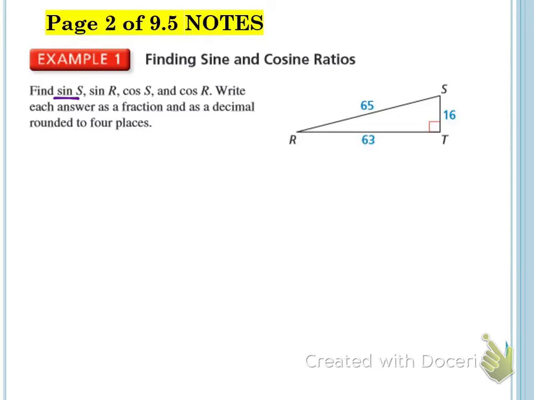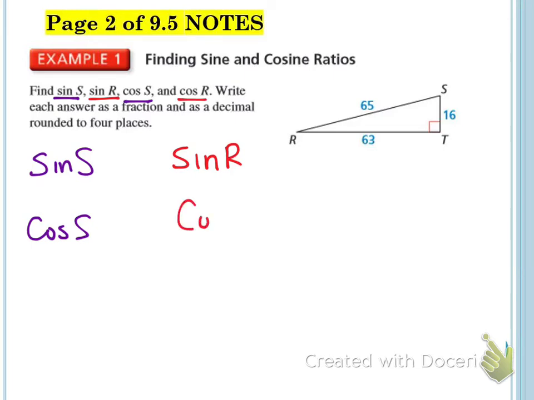So essentially, we're going to find sine of S, and we will also find sine of R, and we will find cosine of S, as well as cosine of R. That's our goal.